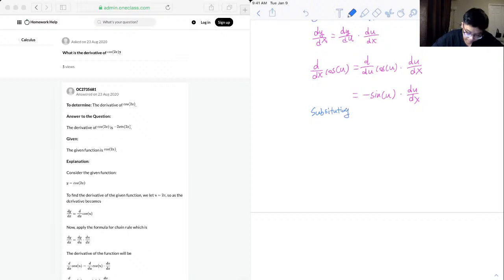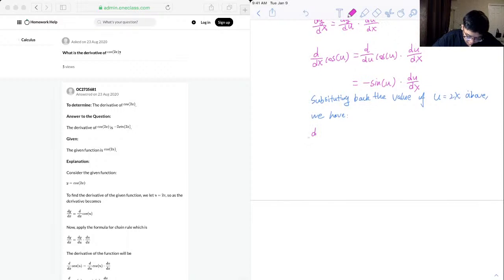Substituting back the value of u equal to 2x, we have the derivative of cosine 2x equal to negative sine 2x times the derivative of 2x.